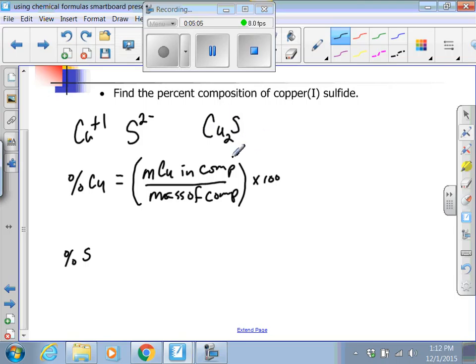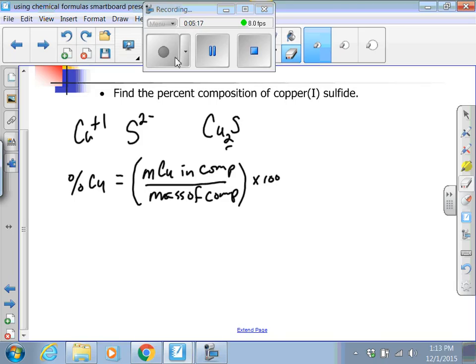How many? 2. How many moles of sulfur? 1. So what we would have here is, I'm going to erase this. I'm going to do a little more on the copper than I would on the others.